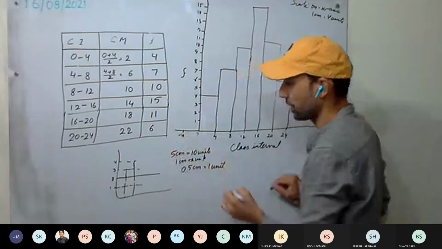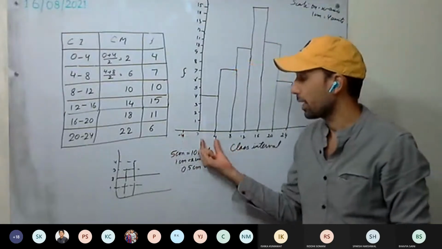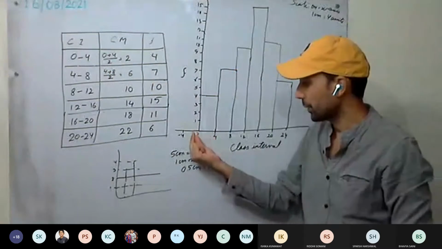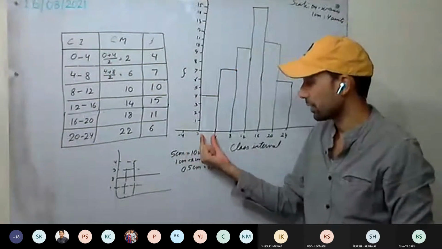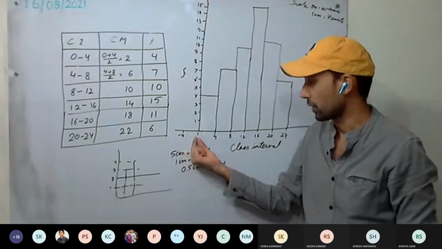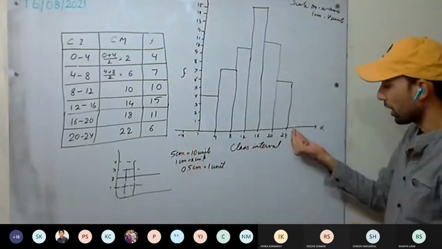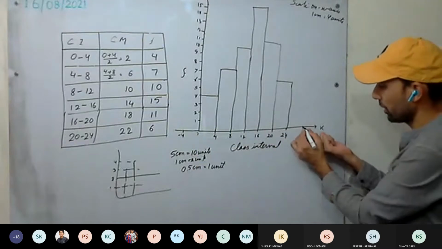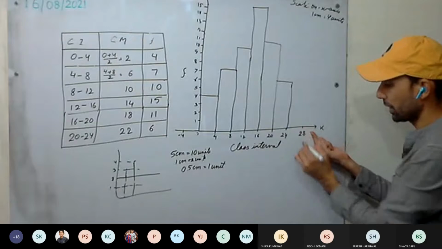So mark a class immediately before the given class. The starting class is 0 to 4, so mark one more, -4 to 0. Similarly, mark one more immediately after the last class, 20 to 24, 24 to 28.